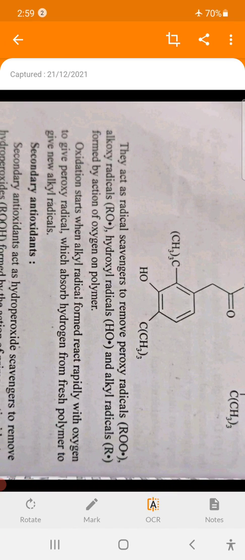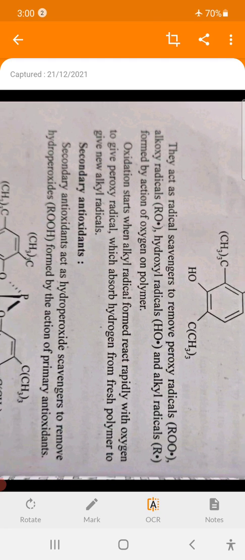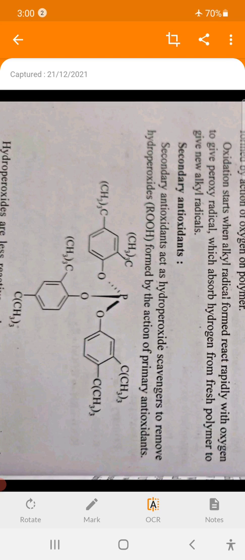Secondary antioxidants act as radical scavengers to remove peroxy radicals, alkoxy radicals, hydroxy radicals, and alkoxide radicals also. Secondary antioxidants act as hydroperoxide scavengers.